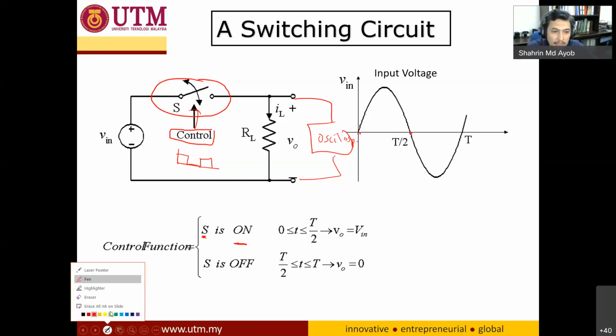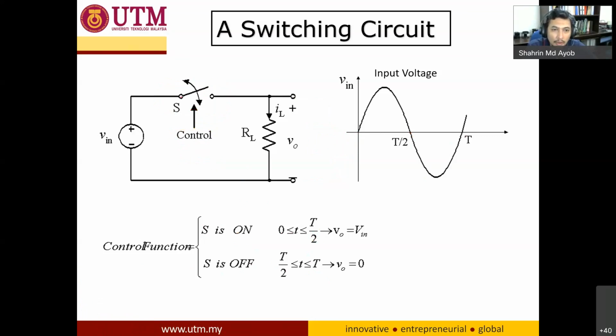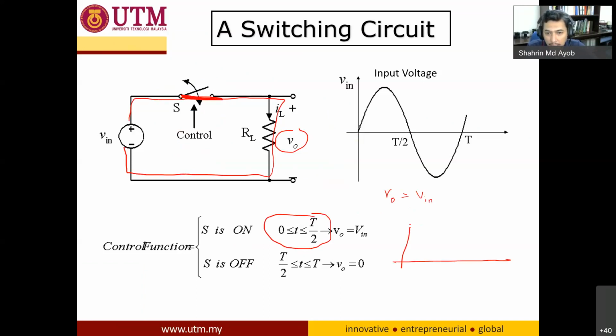From here you can see that when you turn on this switch, V out is connected with V in, meaning that your V out is V in for this time period. So your voltage output waveform will have the same waveform as your V in from 0 to half cycle.